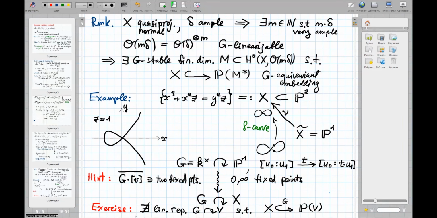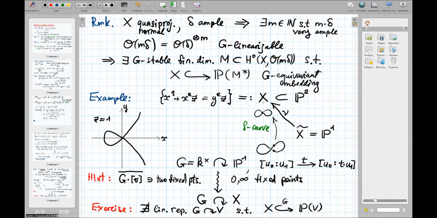Well, so this example shows that normality is essential for this remark to be true. Because for normal X, we can always embed it into a projectivization of some linear representation of G. But in the example, this nodal curve is non-normal, because for curves, normality means smoothness.